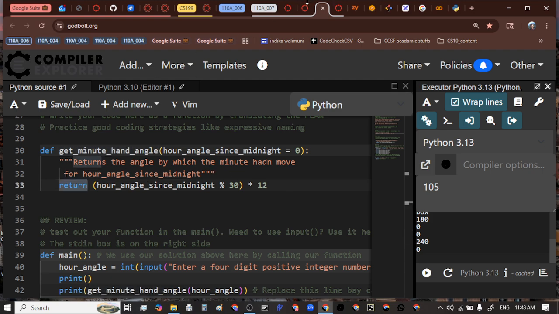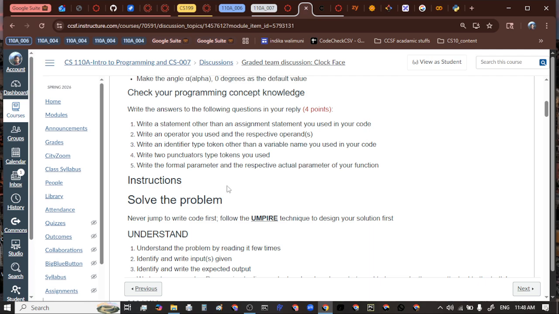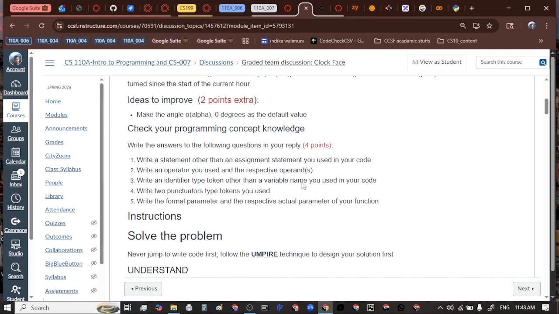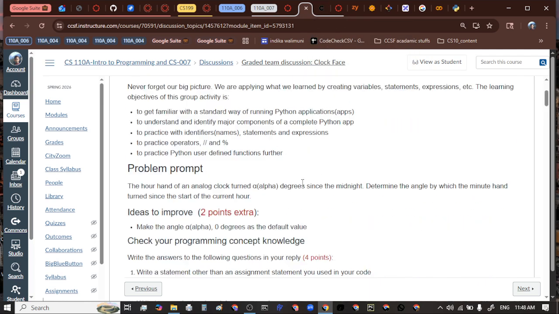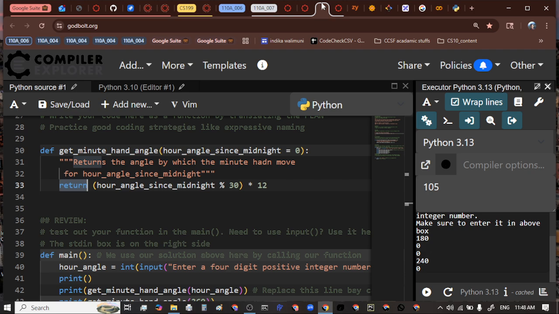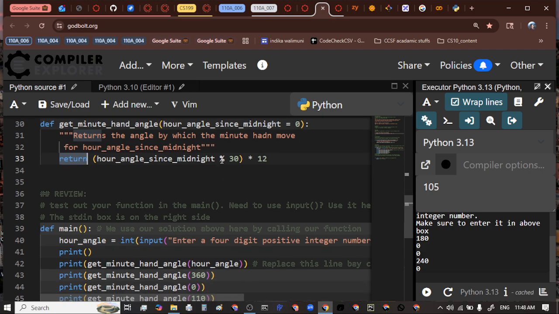And what's the next? Write an operator you used and the respective operands. If you take this one, what are the operands? This and this.